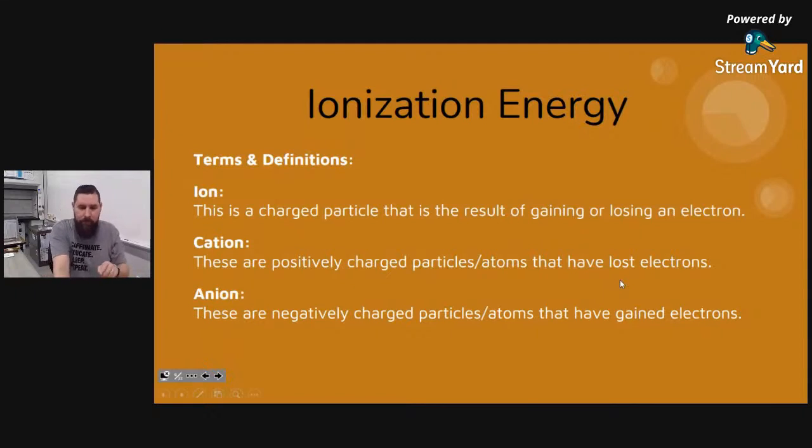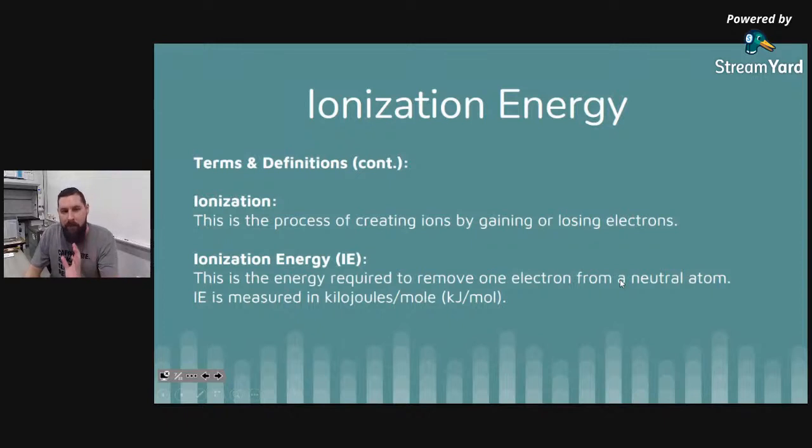Okay? So that's the first three terms that you need to be familiar with. Other two terms, ionization. This is the actual process of creating those ions by gaining or losing electrons. And then the energy required to ionize something, that is ionization energy. And that's the trend that we're about to take a look at.